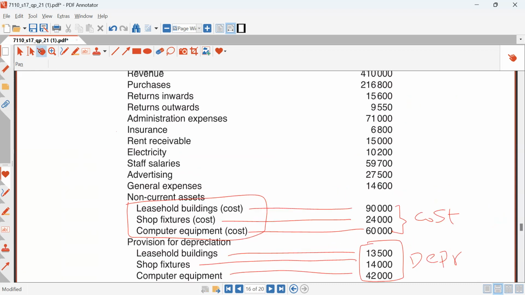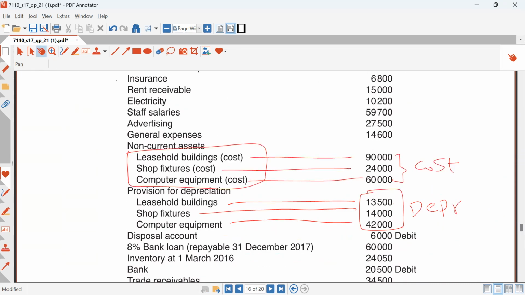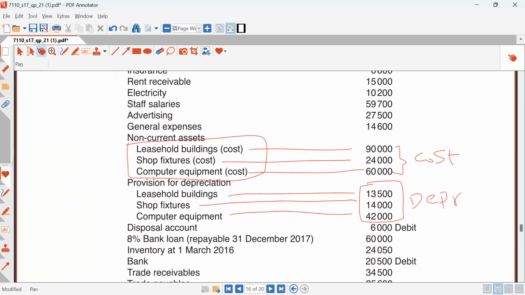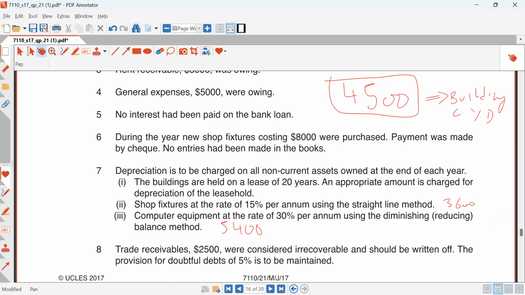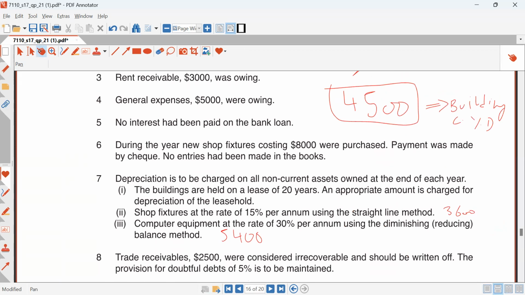Trade receivables are given as 34,500, but there must be some bad debt. So bad debt is 2,500. So we will do 34,500 minus 2,500 because 2,500 are bad. And provision for doubtful debt for the current year is 1,600.